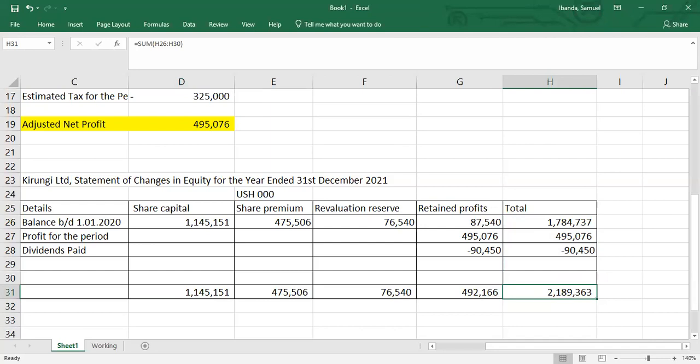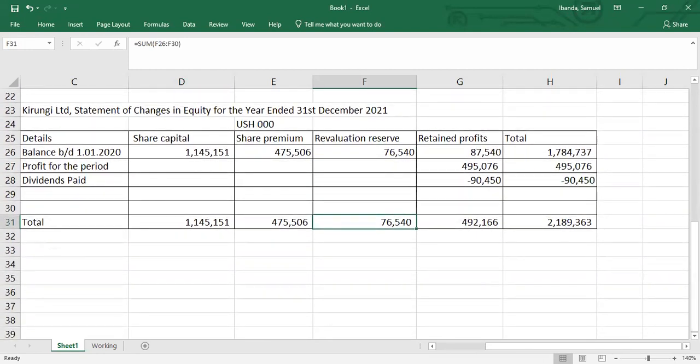The overall equity value is 218,963. So this is how the statement of changes in equity will look, okay? This is your total. The total here would be the total here. And that's how it will look. So it's not complicated. Whenever somebody asks you for a statement of changes in equity, it's not really something that should disturb you, okay?